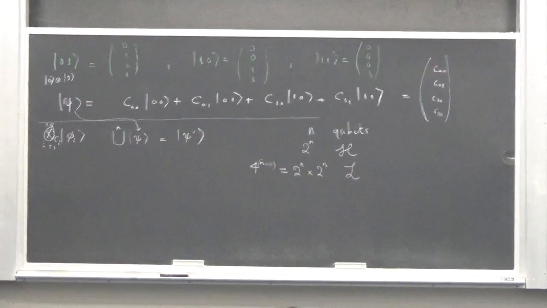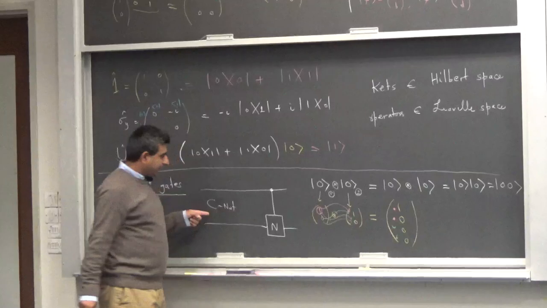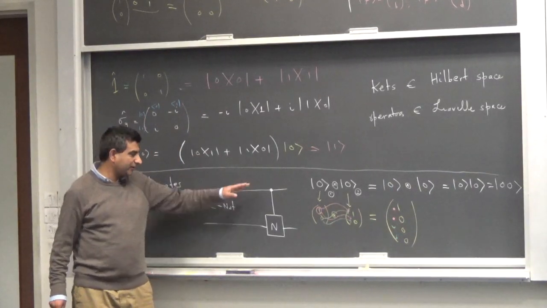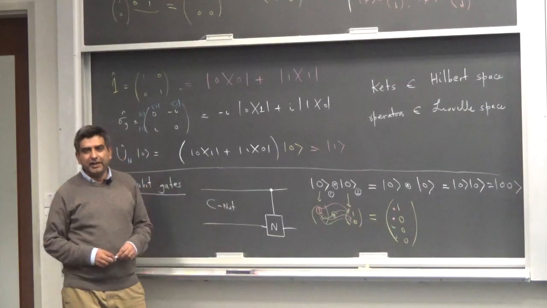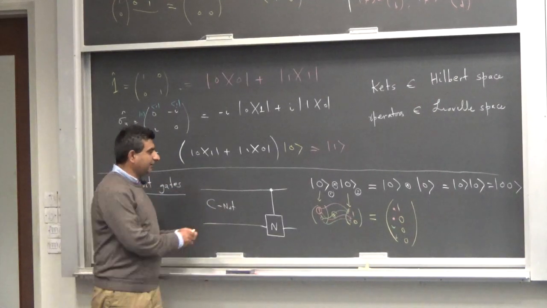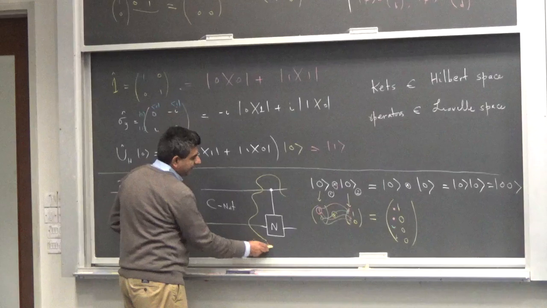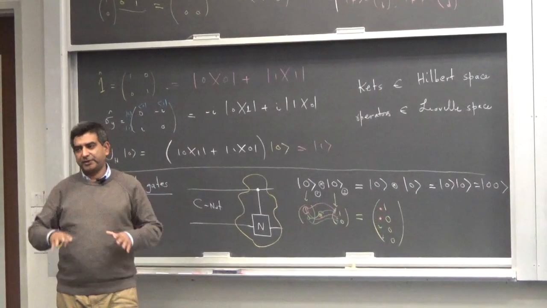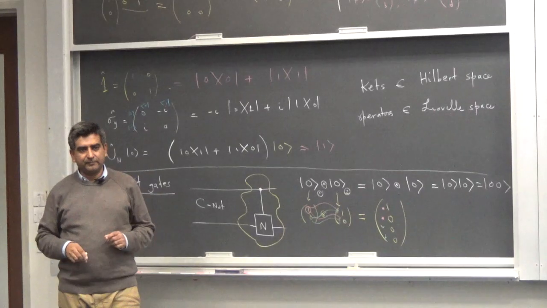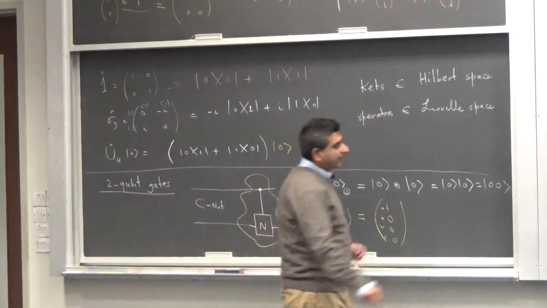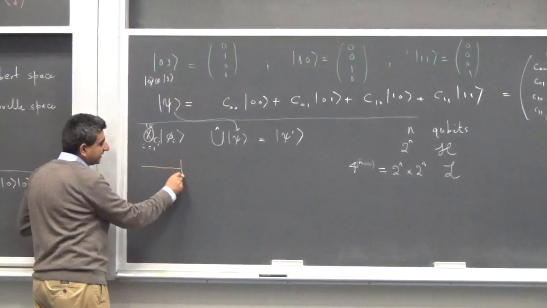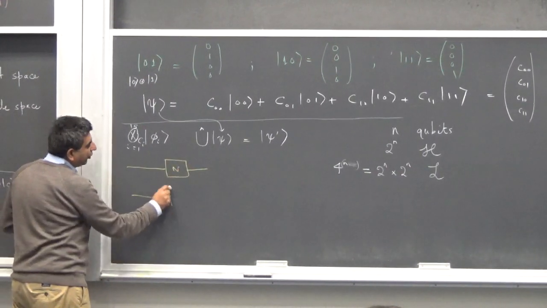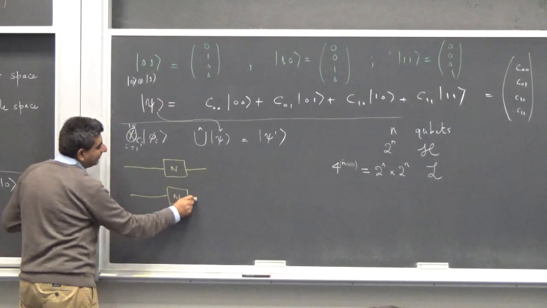In order to look at what's going on here, let's consider the control NOT gate. And let's write a matrix for this operation. Now this operation, by the way, is a genuine 2-qubit operation. I could also have written another sequence like this, a NOT gate on the first qubit and a NOT gate on the second qubit.